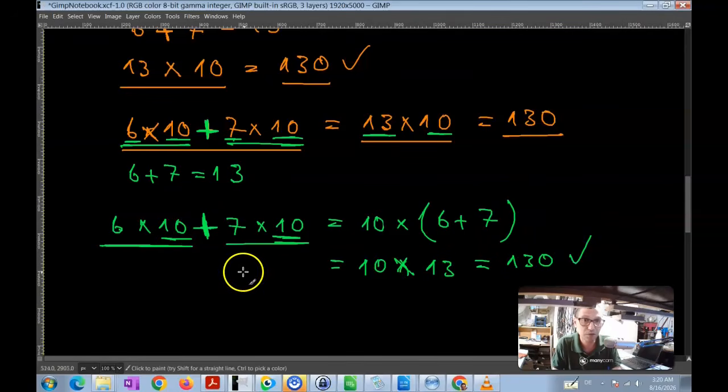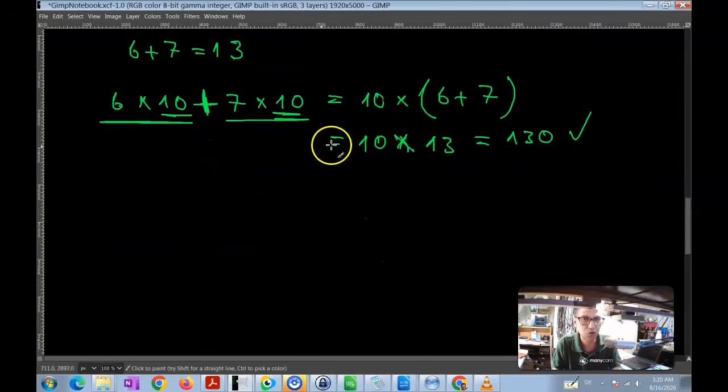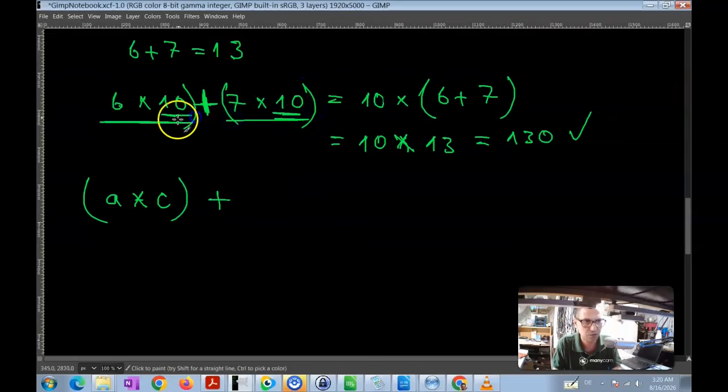So I can write this over here, which means that if I were to generalize this as a rule in algebra, I could say that some A times C, for example, plus some B times the same C. I put brackets over here so that you can read these properly.